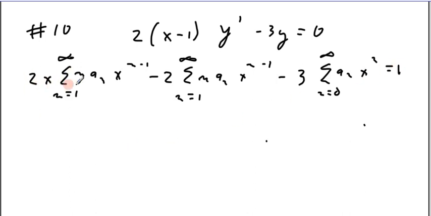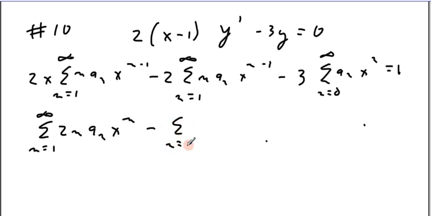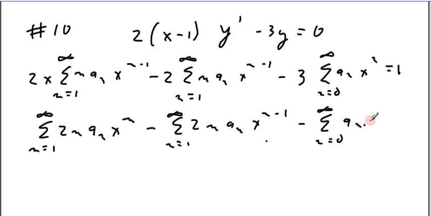Okay, I'm going to bring the stuff inside the summation sign. Summation n equals 1 to infinity 2n a n x to the n, minus summation n equals 1 to infinity 2n a n x to the n minus 1, minus 3 summation n equals 0 to infinity a n x to the n is equal to 0.